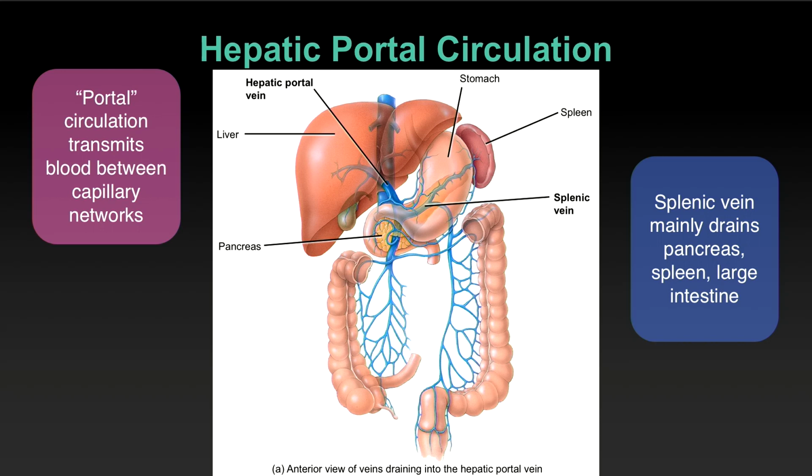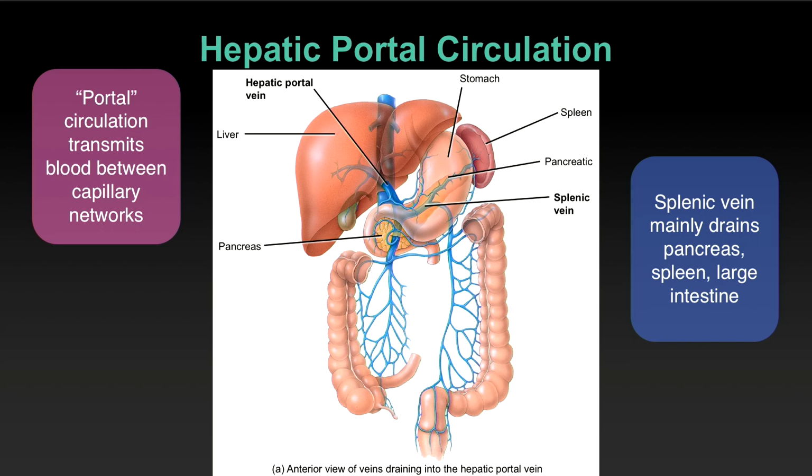And so the splenic vein will collect blood. There's one large obvious vein that runs along the pancreas to the spleen, and it's conveniently called the pancreatic vein. That's one of the major inputs to the splenic vein.